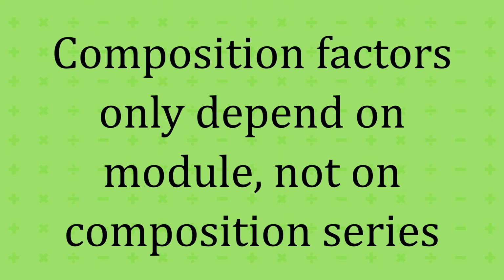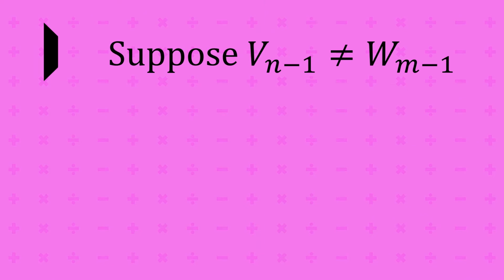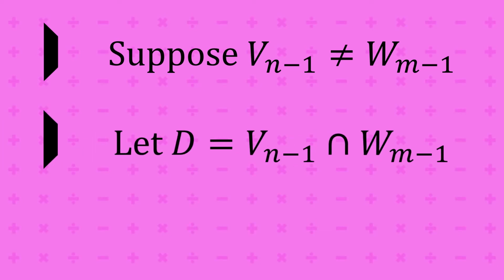One consequence of the Jordan-Holder theorem is that the composition factors only depend on the module, not on the composition series. The proof of the Jordan-Holder theorem uses the following lemma. Using the notation from the theorem, suppose that Vn-1 does not equal Wm-1.